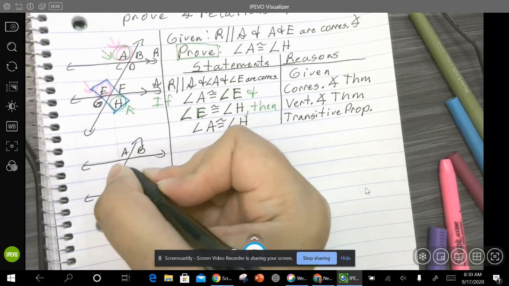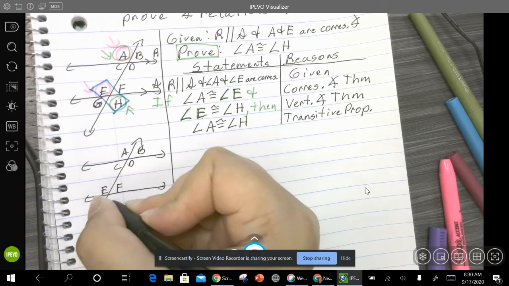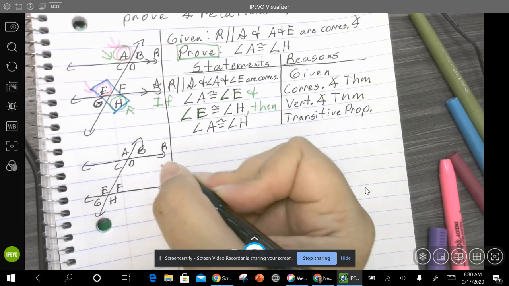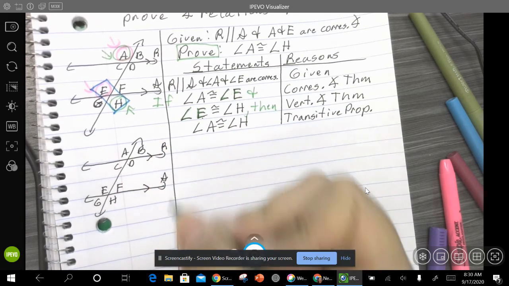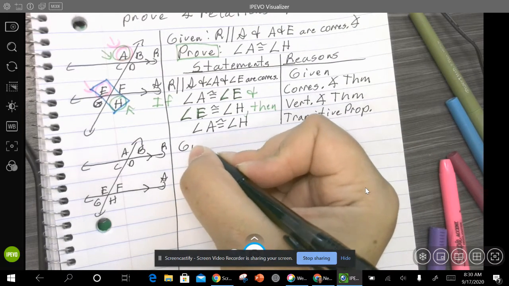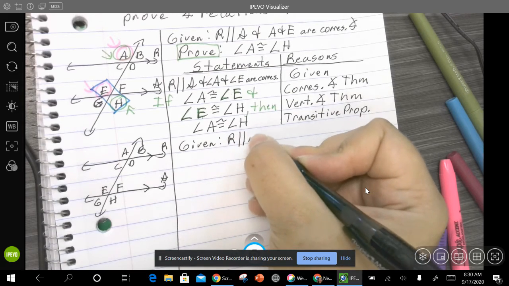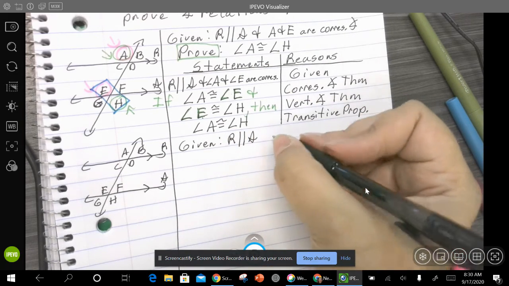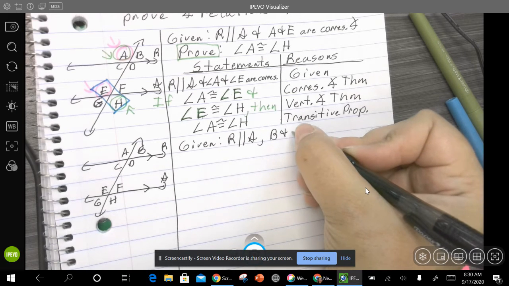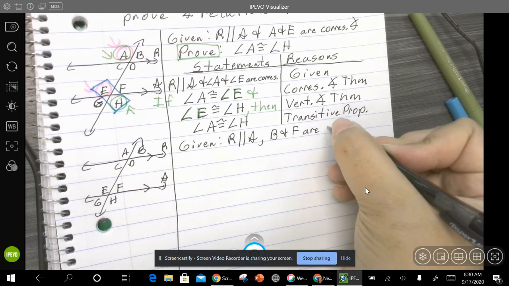So A, B, C, D, E, F, G, H. This is R. This is S. Okay, and we're given that R is congruent to angle S. So sorry, the line R is parallel to S. Okay, and that angle B and F are corresponding angles.